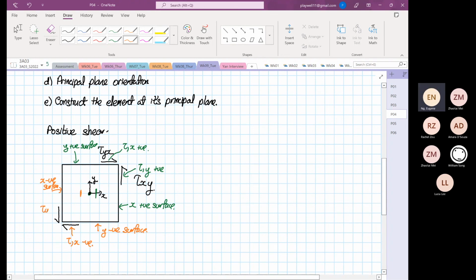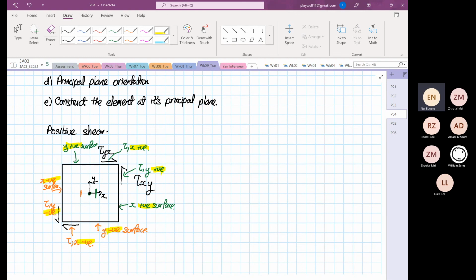The shear in the Y is also negative. So what I'm trying to say is positive multiplied by positive is positive. Negative multiplied by negative is positive. So this is why this is called positive shear.